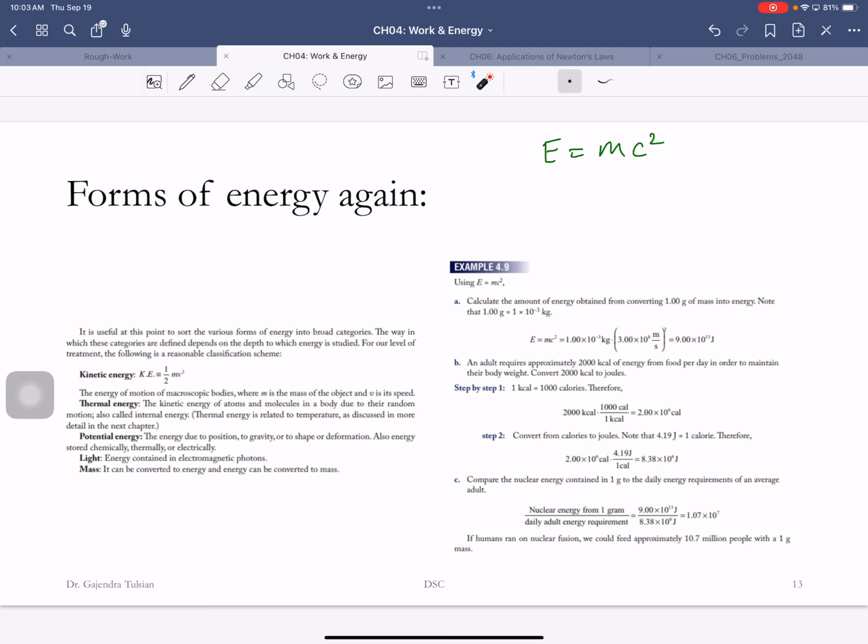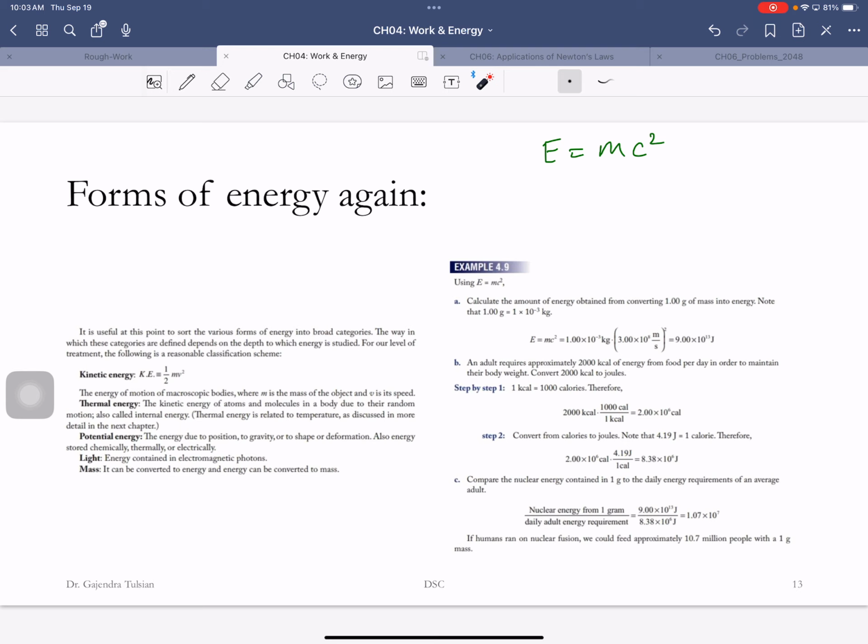So this divided by that divided by that, you could feed 10 million people for a day. Did you guys see that? You take 1 gram of water. If you could convert all of that to energy, you could feed 10 million people for a day.